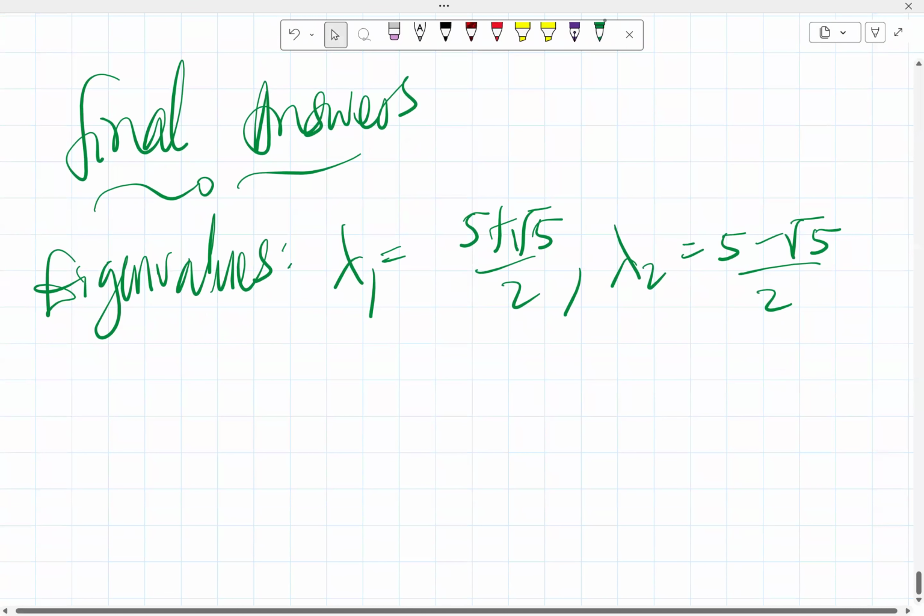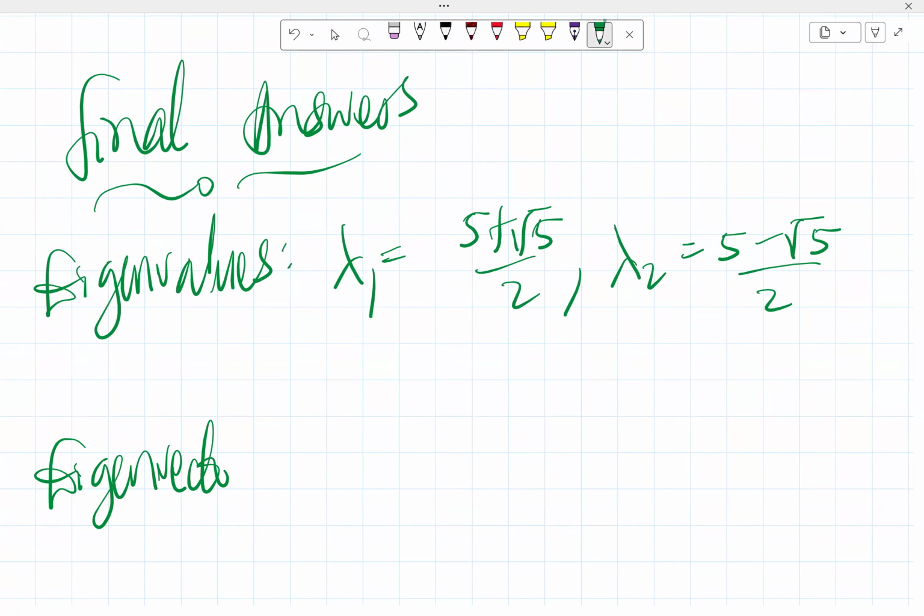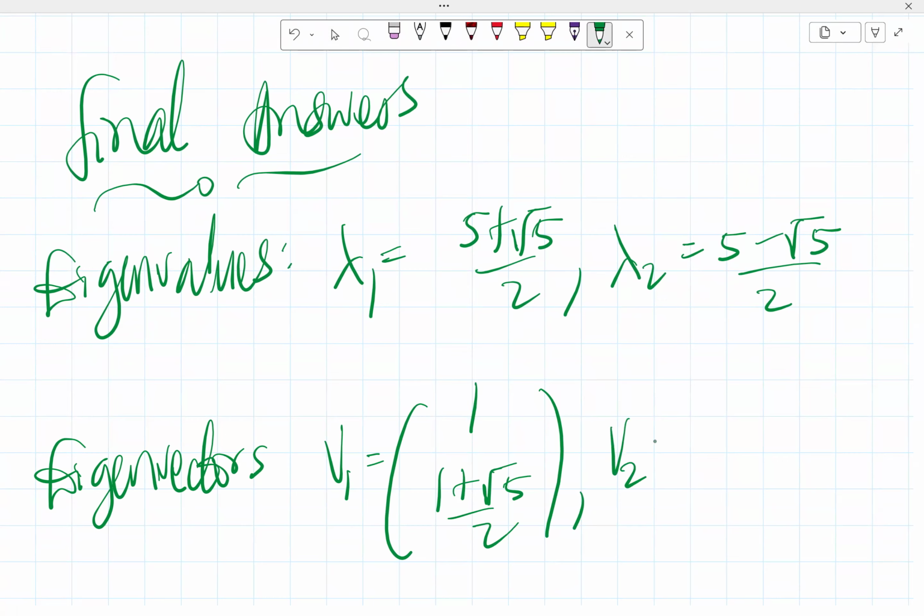Then we have the eigenvectors. We have the first set, let's call it the new one, which is 1, then 1 plus root 5 over 2, and then the new 2, big V2, which is equal to 1, then minus root 5 minus 1 over 2.